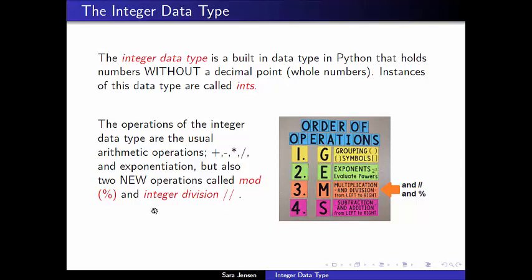Now we'll get into the details of these operations shortly, but as you may guess, one of these has something to do with division. And so if you're wondering where these two new operations fall within the rankings of this GEMS acronym that we introduced previously, because we're dealing with something akin to division here, these two operations have a tied precedence with regular multiplication and division.